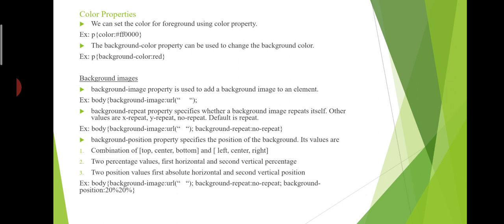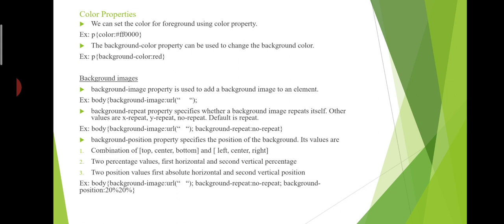If you set it as repeat-y, then the image will be displayed vertically. No-repeat means repetition will not be there, and repeat means the entire screen will be repeated, both horizontally and vertically. Whenever we are setting these repeat properties, first we set the background image, then we make use of the background repeat property.